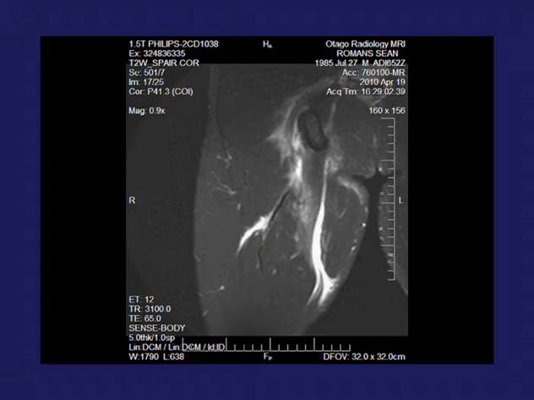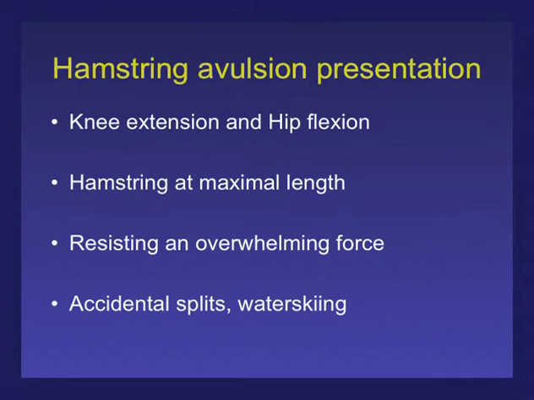You need to get them on crutches so they stop doing things, and these will heal and universally, in our experience, have done well. The presentation of these patients is always absolutely classical, as long as they can remember what they do. And any muscle tendon avulsion always occurs when the muscle is at its maximum length and trying to overcome an irresistible force.